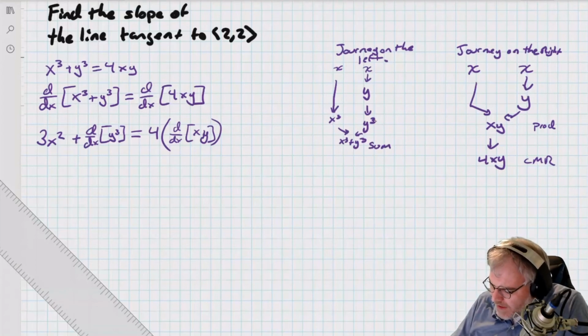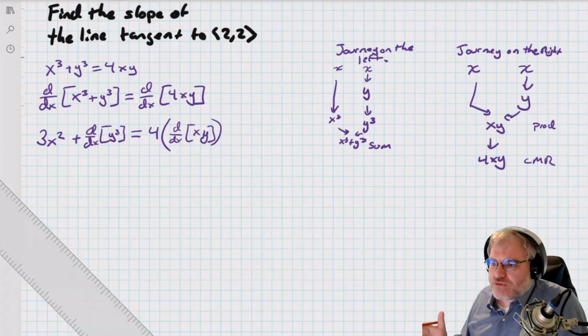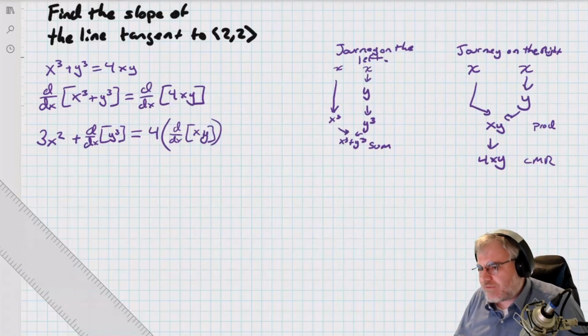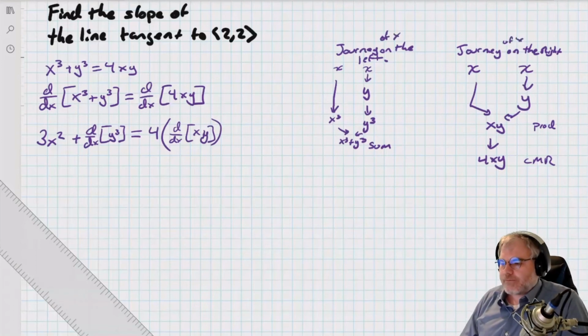Because I've got a y cubed becoming a y. I've got an x that became a y that became a y cubed. So how do we feel about those journeys? I've got a journey of x on the left, and I've got a journey of x on the right. Okay.